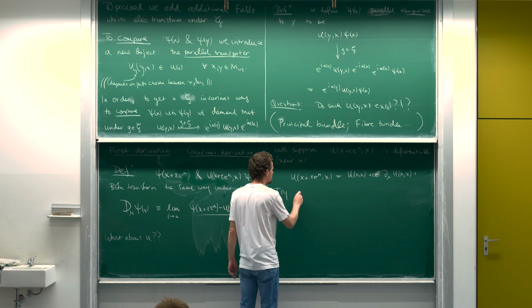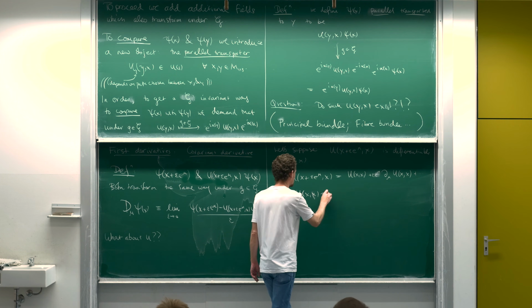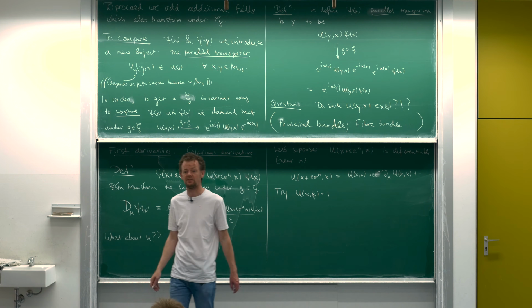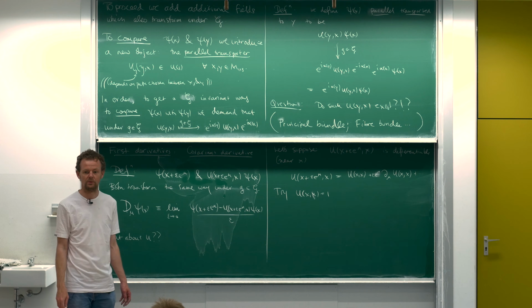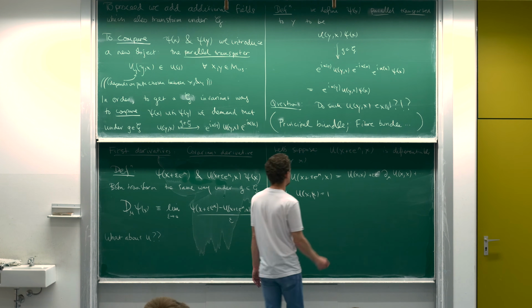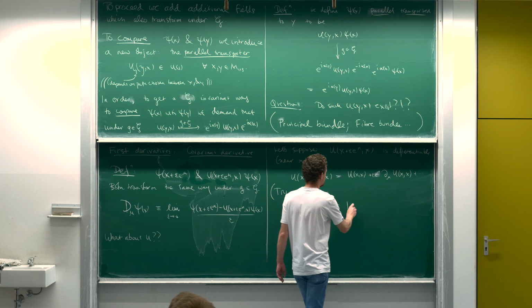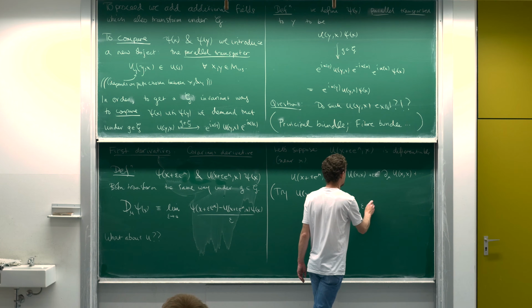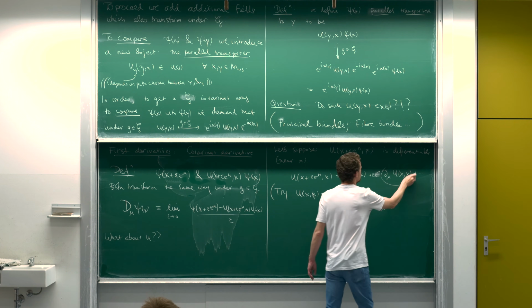Let's be even more optimistic. Let's just try setting u(x,x) to be 1. I mean, 1 transforms in the right way when y equals x, so why not set it to be 1? Then our Taylor series becomes this. I've just given this a name here.